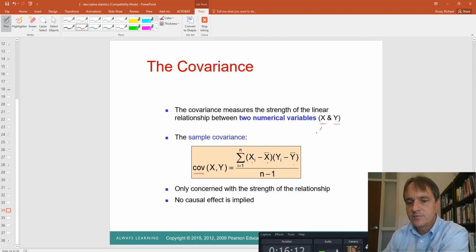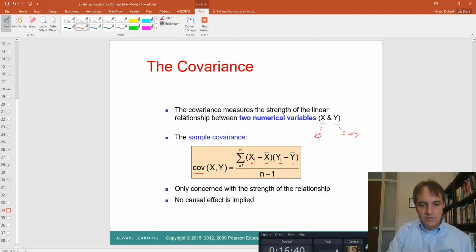In our case, this was our IQ variable, and this was our SAT variable. We took the difference between the value of the variable and the mean of that variable, and multiplied it by the difference between the other variable's observation and its mean.